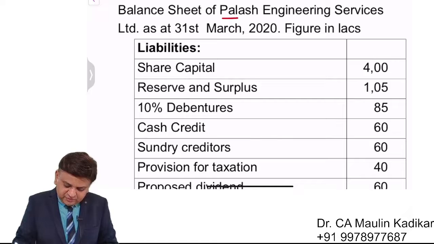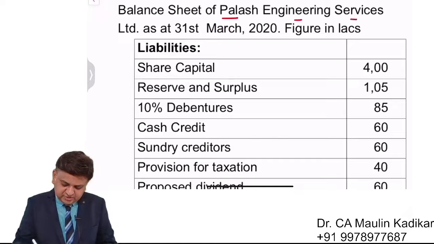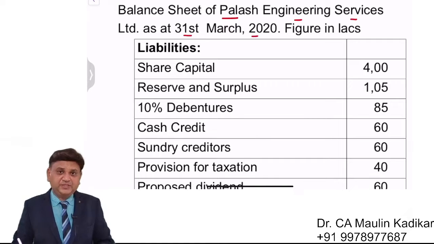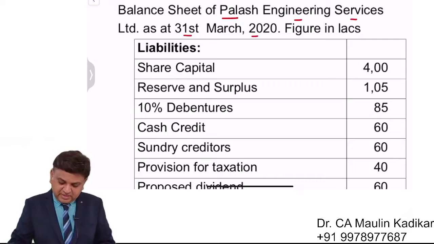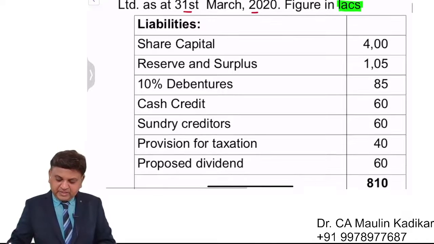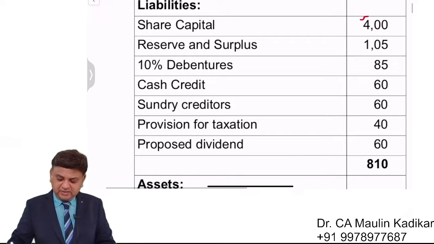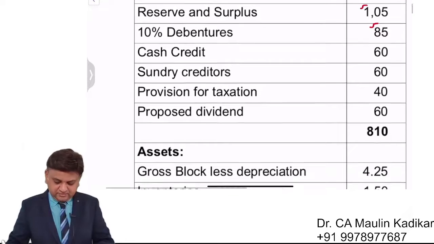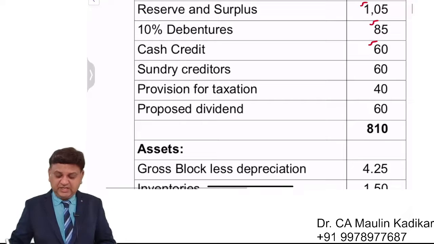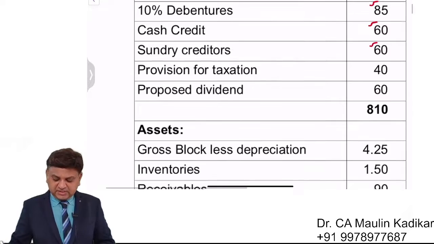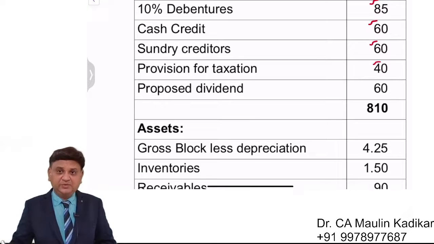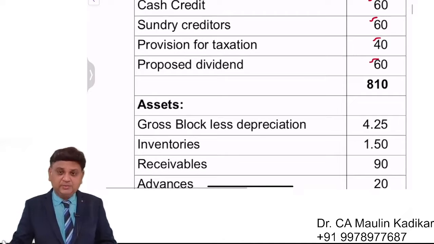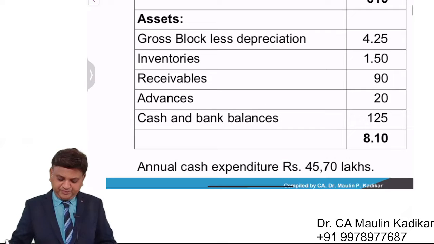The balance sheet of Palash Engineering Services as on 31st of March 2020 is given, and the figures are in lakhs of rupees. Share capital is 400 lakhs, reserves and surplus 105 lakhs, 10% debentures 85 lakhs, cash credit 60 lakhs, creditors 60 lakhs, tax provision 40 lakhs, proposed dividend 60 lakhs.